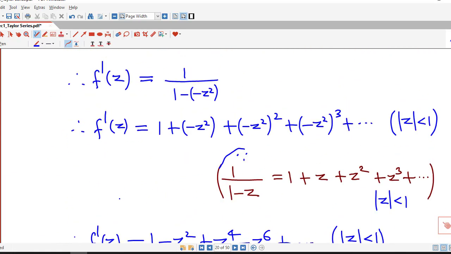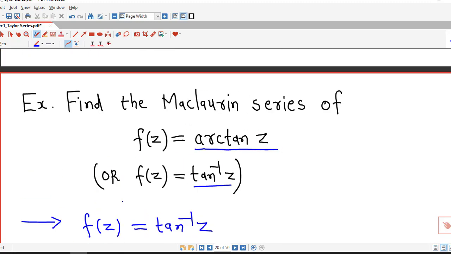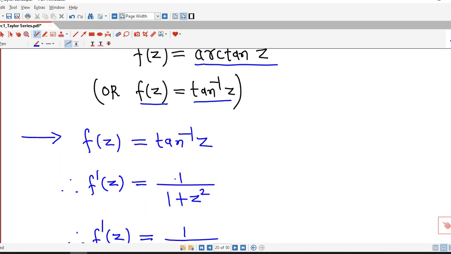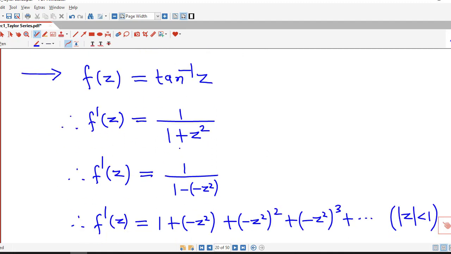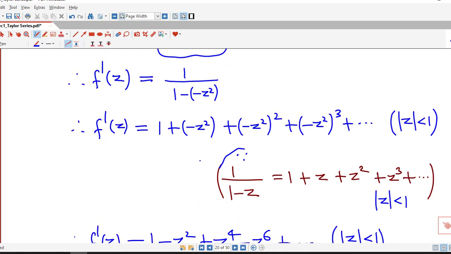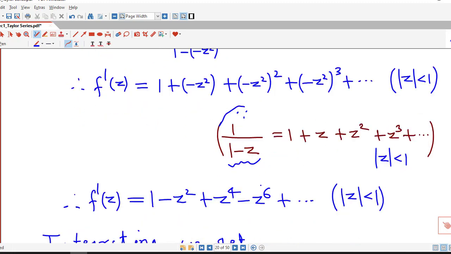So in this example, to obtain the Maclaurin series of tan inverse z, first we take the derivative of tan inverse z, and we obtain the derivative as 1 over 1 plus z square. We obtain the Maclaurin series of 1 over 1 plus z square using the Maclaurin series of 1 over 1 minus z.